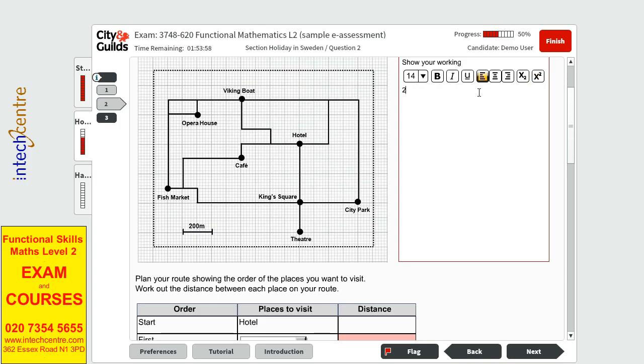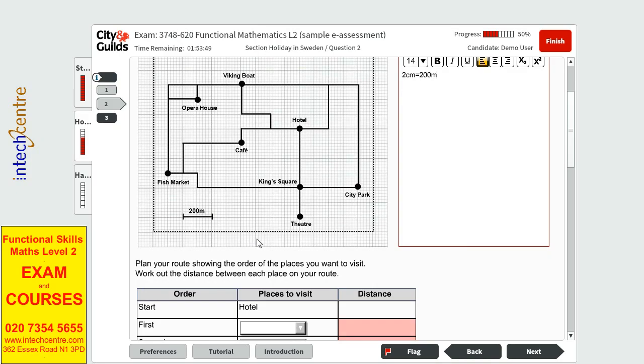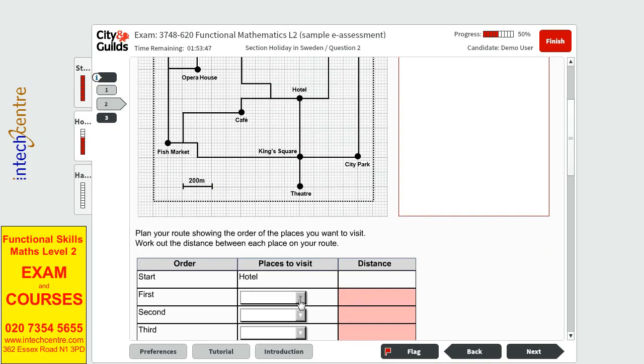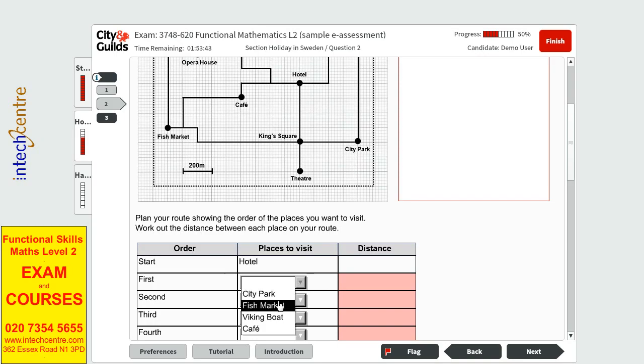If it helps you, you can just write it here: 2 centimeters equals 200 meters. Now, from the hotel, we have an option here, a drop-down box, where we can go to the city park, fish market, Viking boat or cafe. We could go to the cafe because it's the morning. Whichever one is fine.